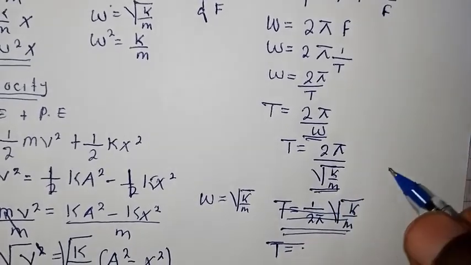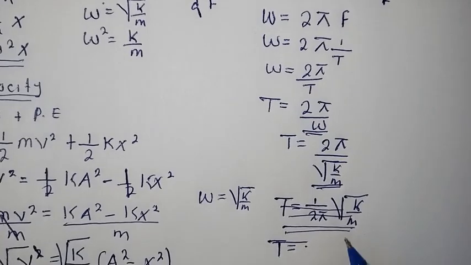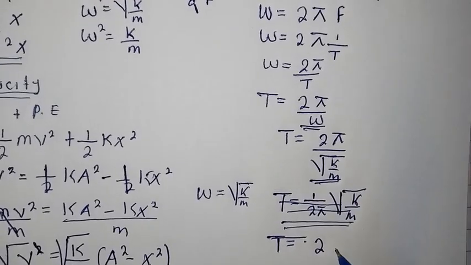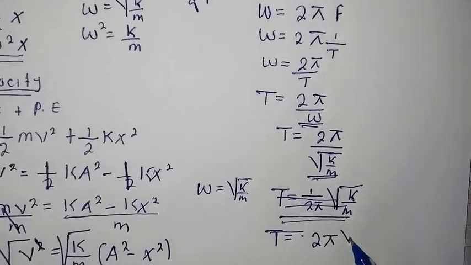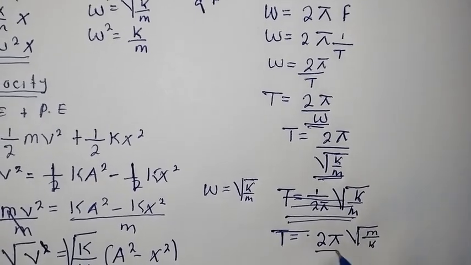You can leave it here, or if you want, you can solve this, but I'm sure it's going to have something like 2 pi root of m over k.